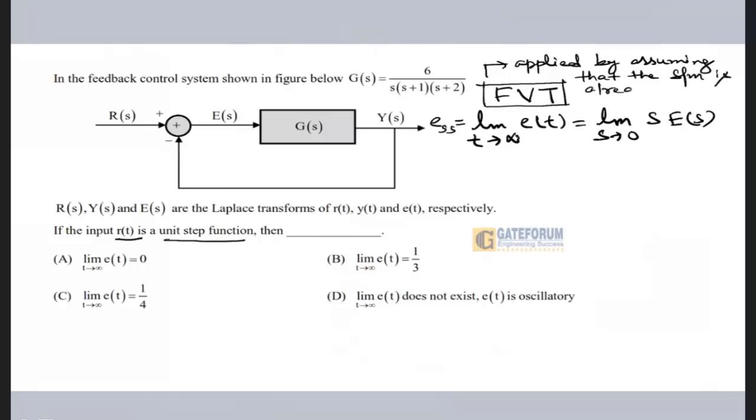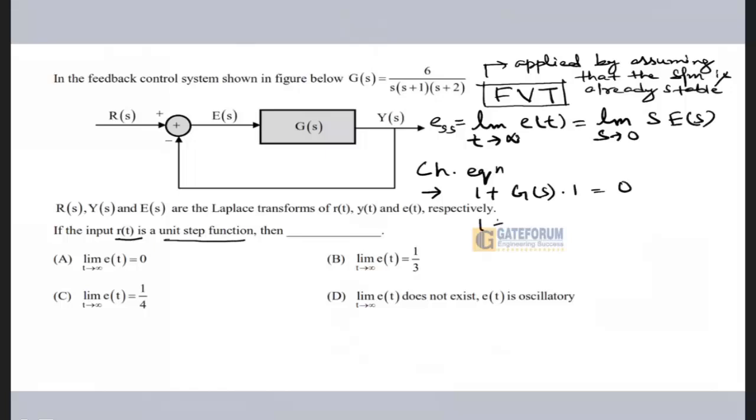Here, this is the open loop transfer function G(s), because H(s) is 1. So let us apply the characteristic equation: 1 plus G(s)H(s) equal to 0, with H(s) equal to 1.